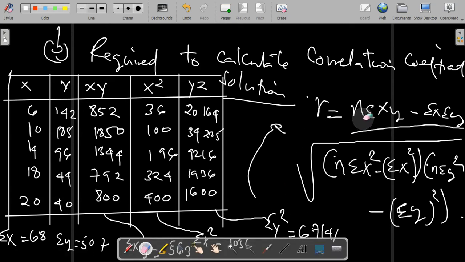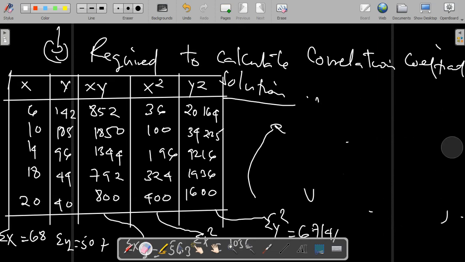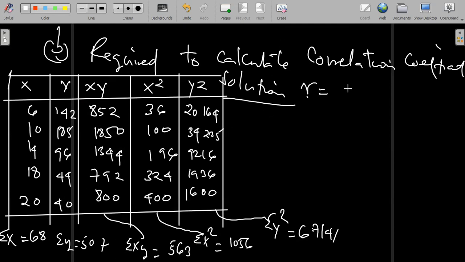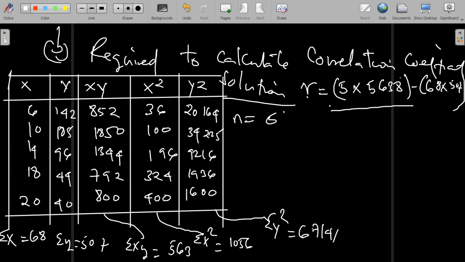6741. So we plug into our formula: number of observations times summation of xy, minus summation of x times summation of y, divided by the radical of number of observations times summation of x square minus summation of x squared, times number of observations times summation of y square minus summation of y squared. So we plug in the number of observations, which is equal to 5. We take out 5 times 5638 minus the sum from the given data, that is 68, times the 507.